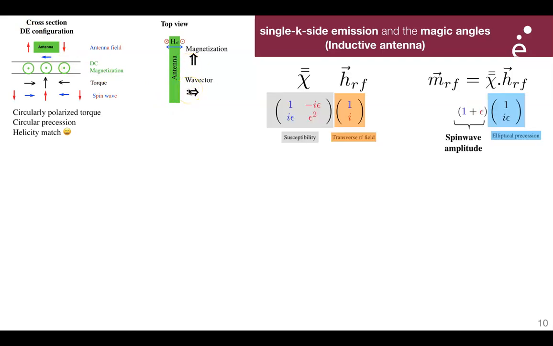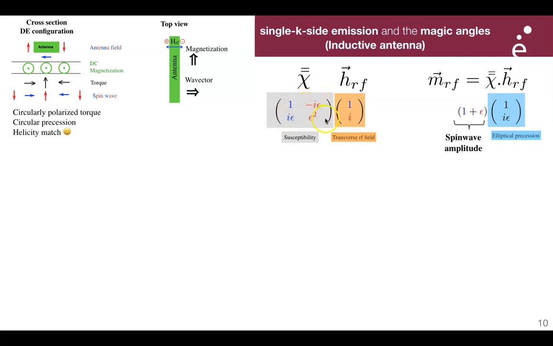If we want to express that mathematically, what you need to write is the exact susceptibility of the magnetic sample times the RF field, and this gives you the dynamic magnetization. The susceptibility is a tensor that you can write as a 2x2 tensor in the plane transverse to the magnetization, with diagonal components that are what they are, and anti-diagonal components that are offset by a phase factor of pi, and that express the helicity of the spin wave, of the precession of the magnetization.